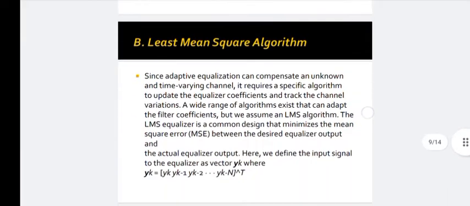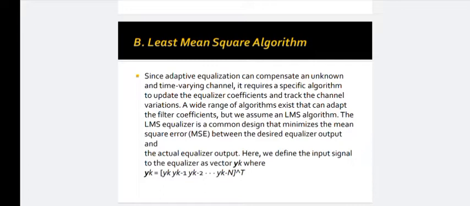The least mean square algorithm. Since an adaptive equalizer can compensate an unknown and time-varying channel, it requires a specific algorithm to update the equalizer coefficients and track the channel variations. A wide range of algorithms exist to adapt the filter coefficients, but we assume the LMS algorithm.